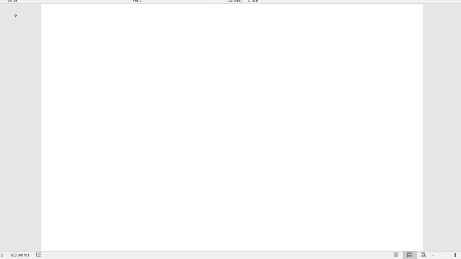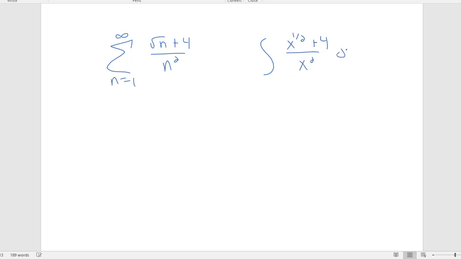So usually what you would see as homework in a section like this is, determine if the series converges or diverges. So we might have something like this series, and we're told to determine whether the series converges or diverges. Then we're going to end up using an integral, and just to remind ourselves, I'd have the square root of x plus 4 over x squared.